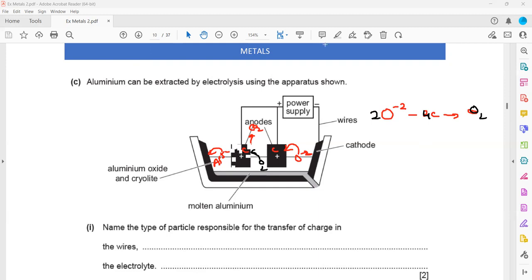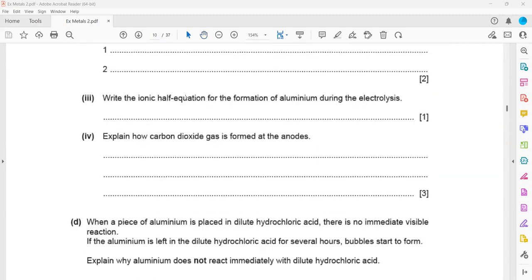So the question is how carbon dioxide gas is formed at the anode. The answer: the oxide ions or oxygen formed at the anode, 1 mark.